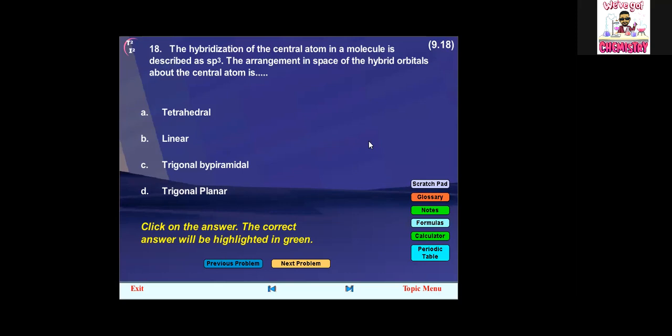Tetrahedral, linear, trigonal bipyramidal, trigonal planar. 4. The hybridization of the central atom in a molecule is described as sp3d2. The arrangement in space of the hybrid orbitals about the central atom is blank. Trigonal planar, octahedral, tetrahedral, none of the above.